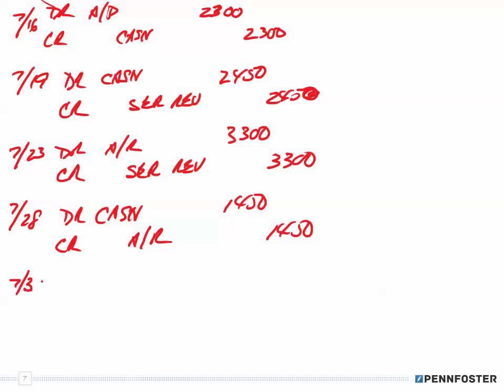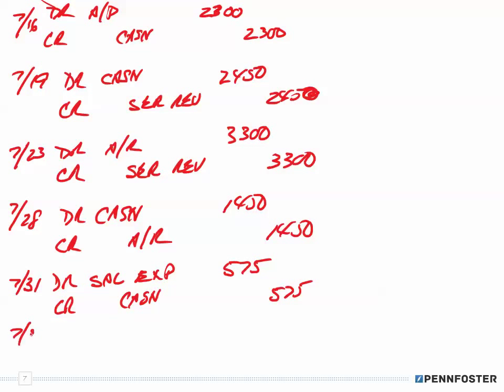It's better to just treat it as a separate entry. So I'm going to credit my cash because cash is going out for $575. And since debits have to equal credits, I have to debit something else. So it's salary expense for $575.